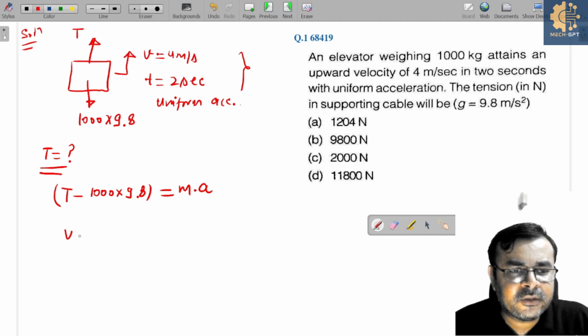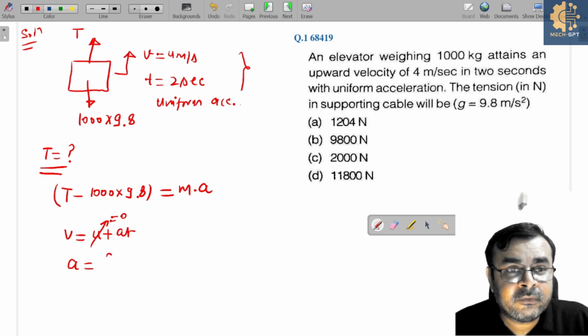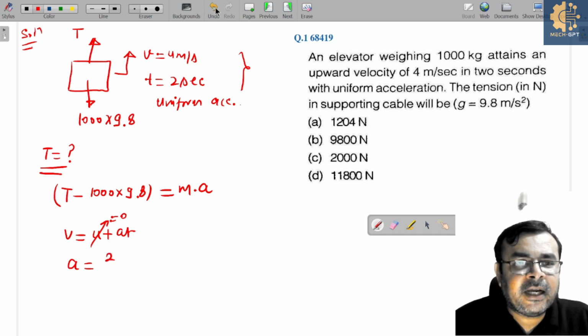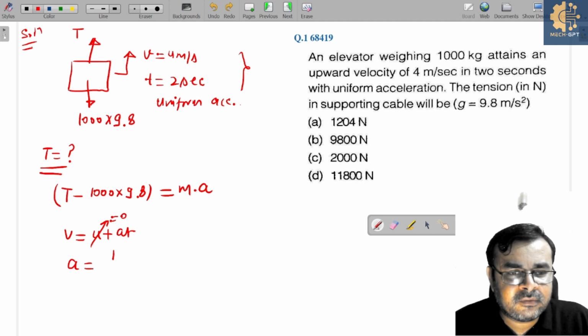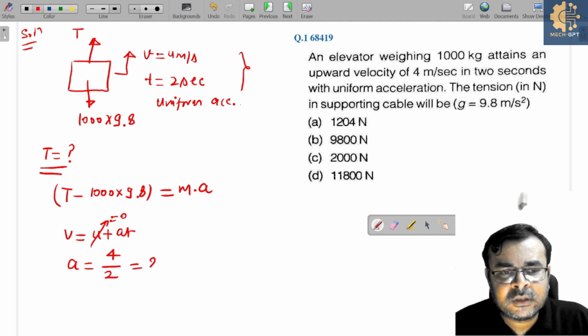So can I apply V is equal to U plus AT? So from this we can get A, because U is not given. So can I say this is 0 and V is 4 meter per second, and this velocity will be achieved at a time 2 seconds. So 4 by 2, this is 2 meter per second square, yes or no?